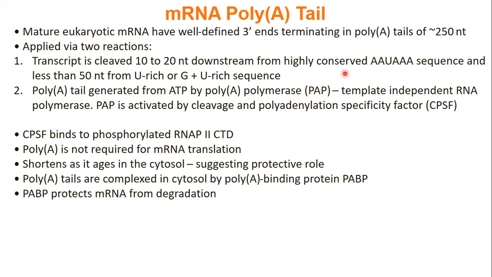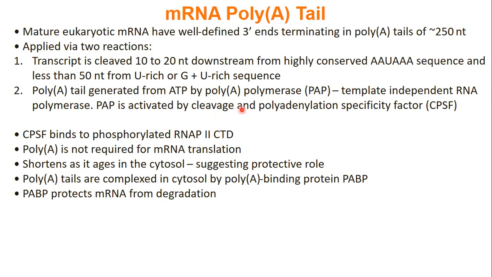And it doesn't matter what RNA polymerase you use, you're going to add this tail to your mRNA. This PAP is activated by another protein called the cleavage and polyadenylation specificity factor, or CPSF. Now, CPSF, like the previous proteins we talked about, can bind to RNAP2's phosphorylated C-terminal domain.